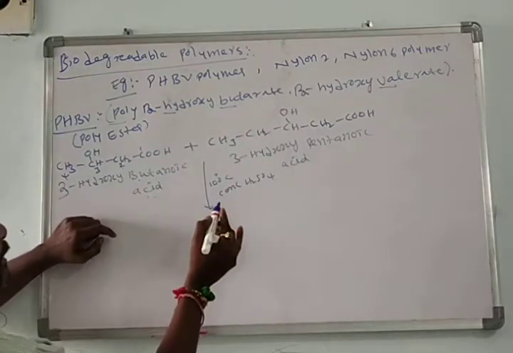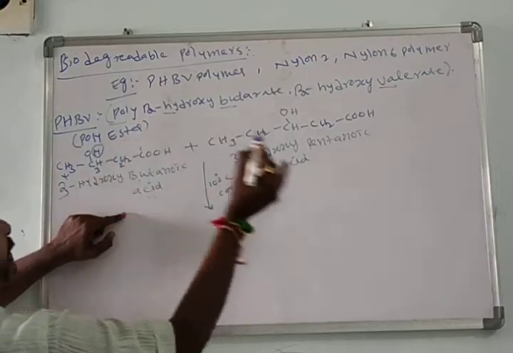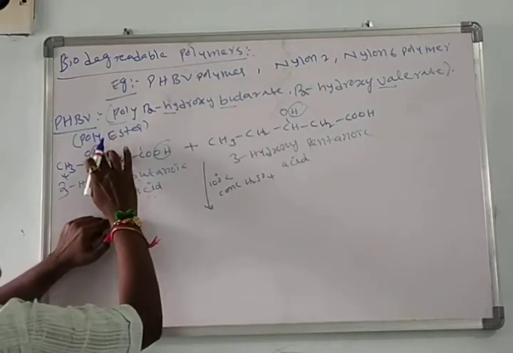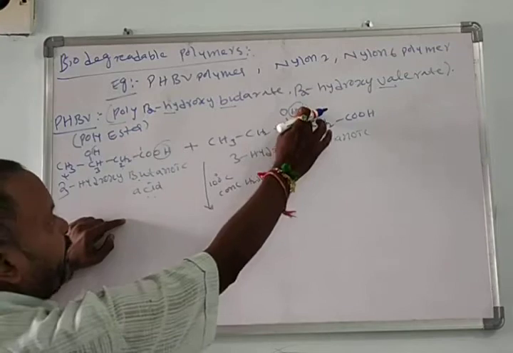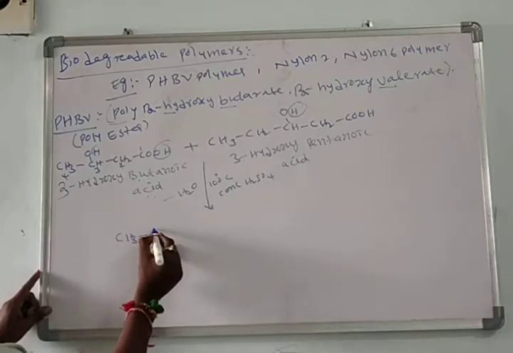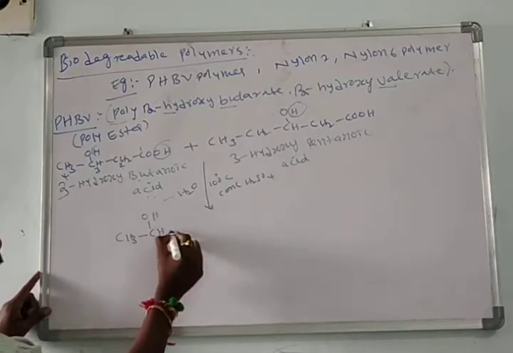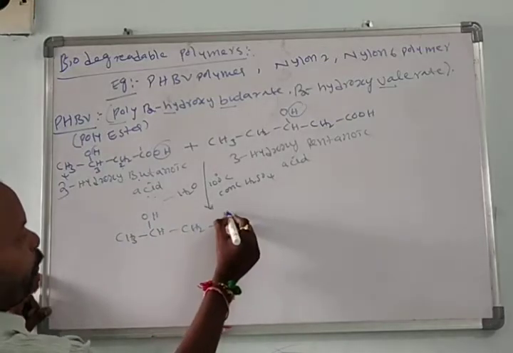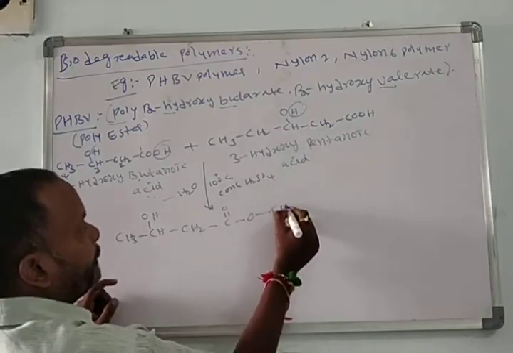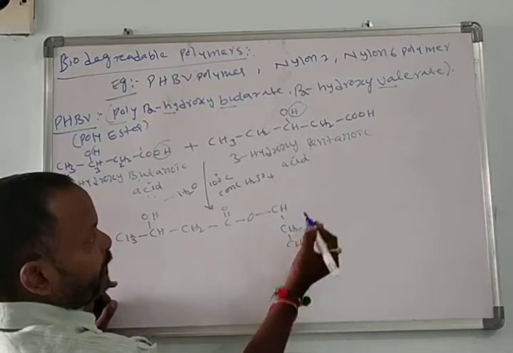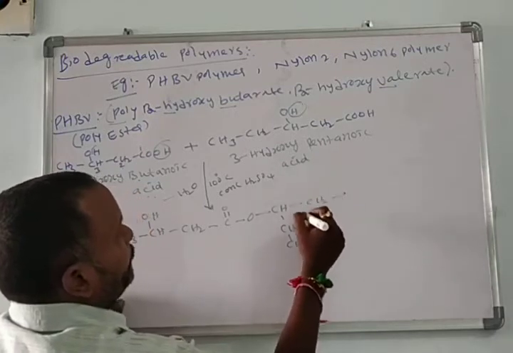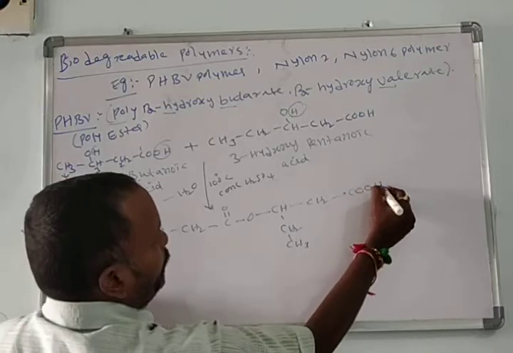What happened? It loses a water molecule, with the OH from one and the H from the other. The structure is CH3, CH, OH, CH2, C double bond O, and the bond attacks here, CH2, CH3 and CH2, COOH.